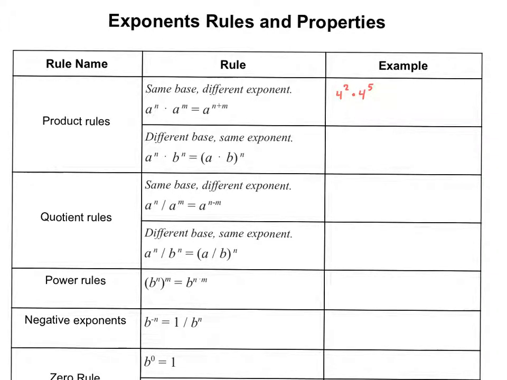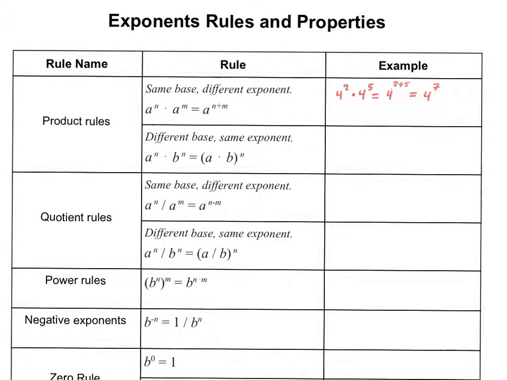The only thing we need to do is add the exponents. So this is going to be equal to 4 to the second power plus fifth power, and this is going to give you 4 to the seventh power.